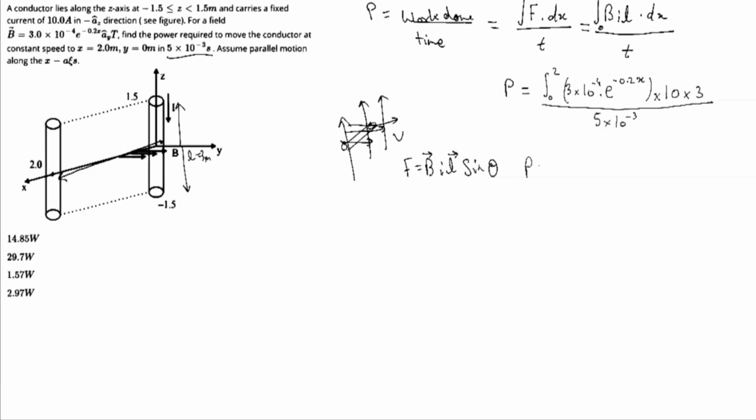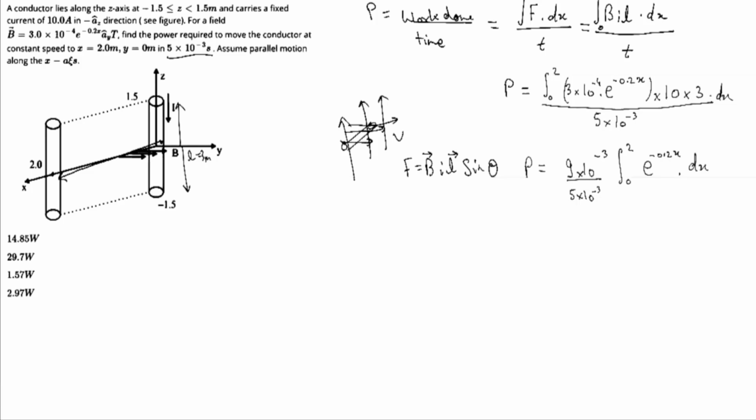On solving, we get 9 into 10 to the power minus 3 to be common, divided by 5 into 10 to the power minus 3 to be common, and we integrate the remaining term from 0 to 2 limit of e to the power minus 0.2x dx.